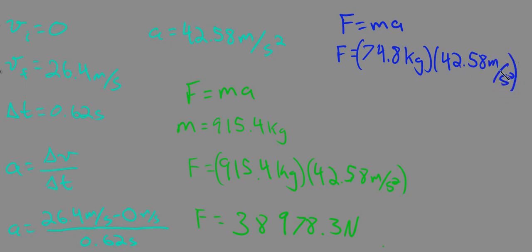I'll just get out my calculator here and give that a try on the side. So 74.8 times 42.58, I'm going to get, oops, I'll have to try that one more time.